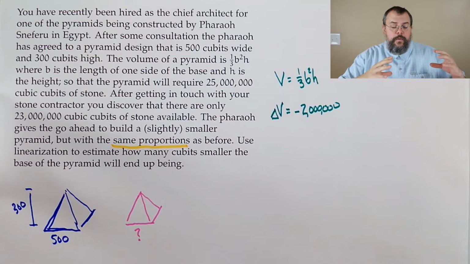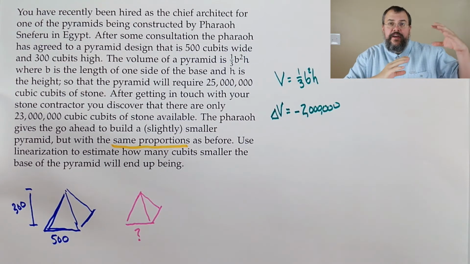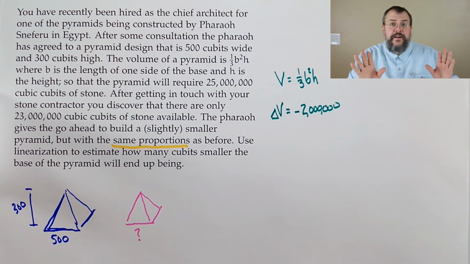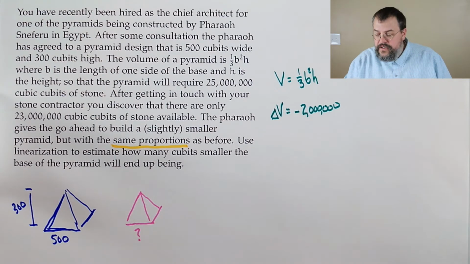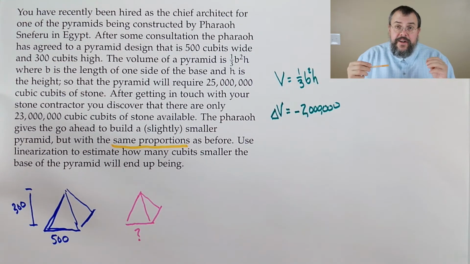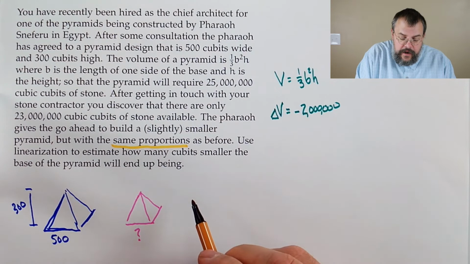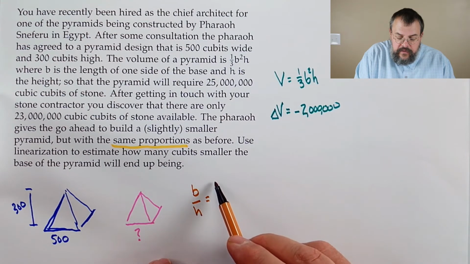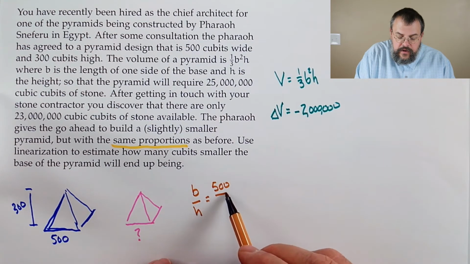Whatever we scale the base by, we're going to scale the height by. So in particular, the ratios of base and height are not going to change. If we take that into account, we can say that our base to our height in our original design is 500 to 300.